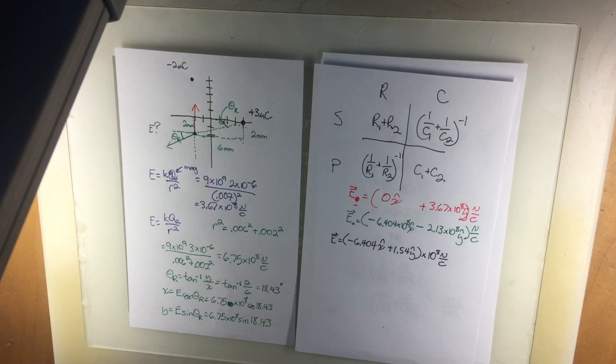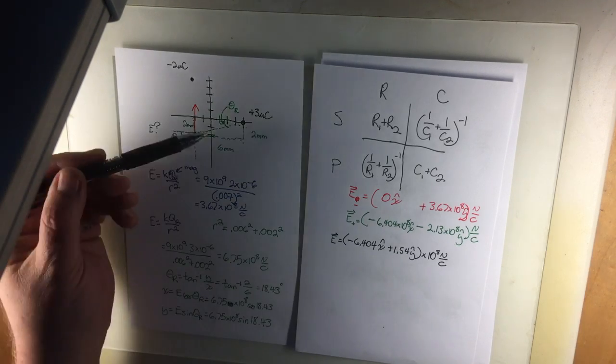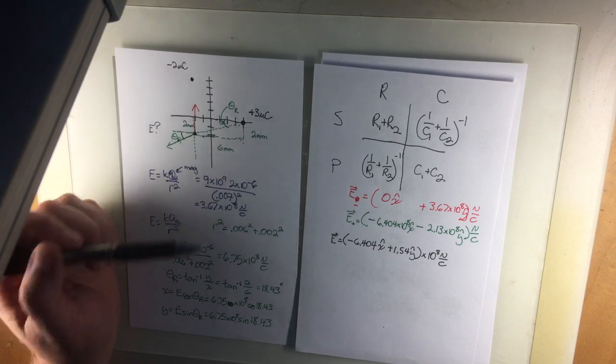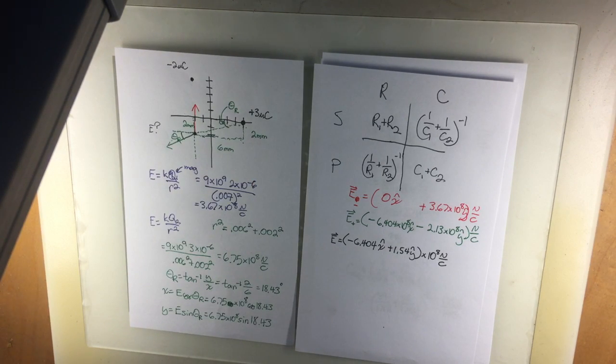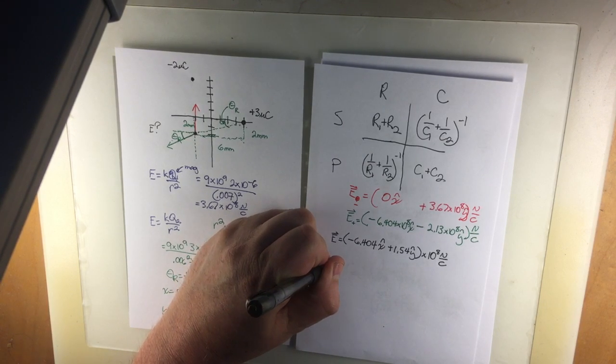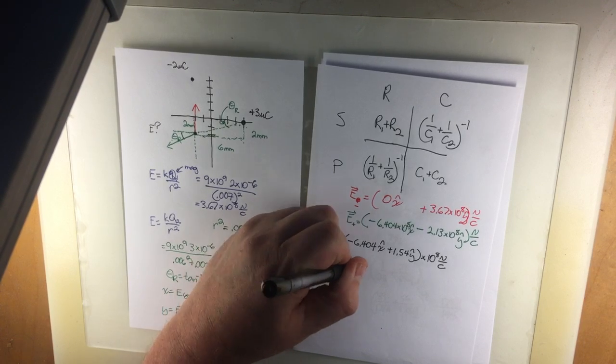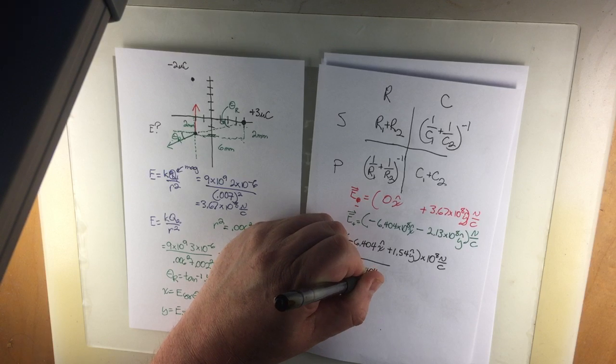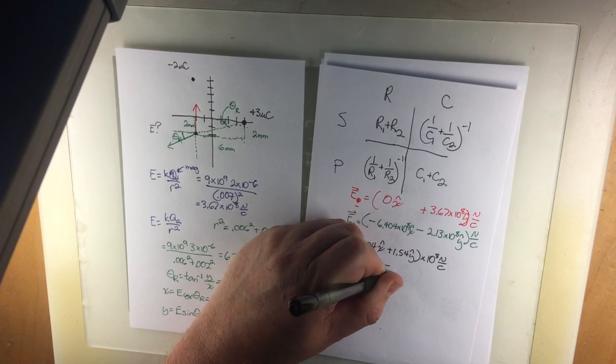Now that we're done with that, let's do the final bit, a recombination. The hardest part was setting it up and then breaking down the vectors. Once you've broken down the vectors, you are good to go. Steps 2 and 3 should be fairly quick. The total E field magnitude is the square root of 6.404 squared plus 1.54 squared.